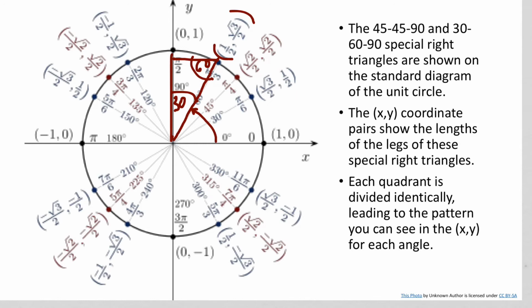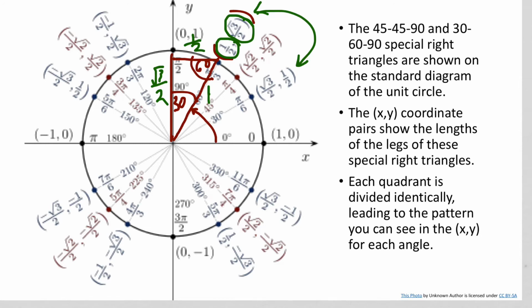So this is still a 30, 60, 90 triangle, which means the short leg is 1/2 of the hypotenuse. The hypotenuse is still 1, and the long leg is still √3/2. So now you can see that the x dimension is 1/2, and the y dimension is √3/2. So these two are just flipped in the x and y direction.